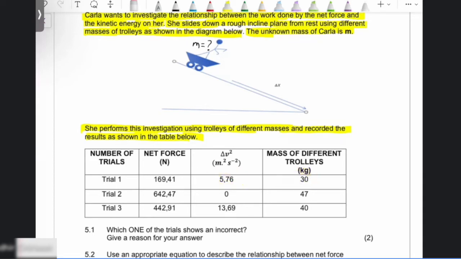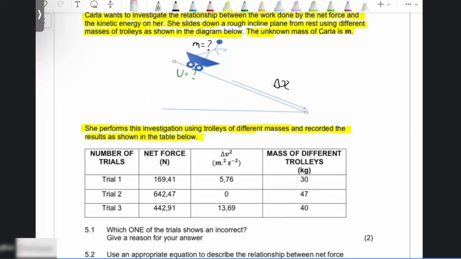Now, guys, please note that as she slides down this particular ramp, whatever velocity she started with, we don't know what it was, the velocity at the end should obviously be greater than the velocity that she starts with, because she's sliding down.